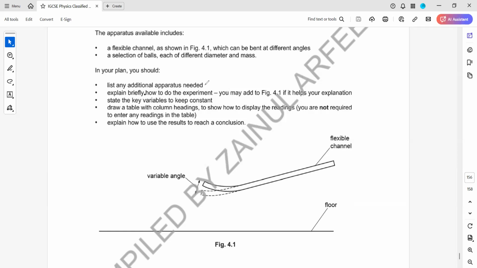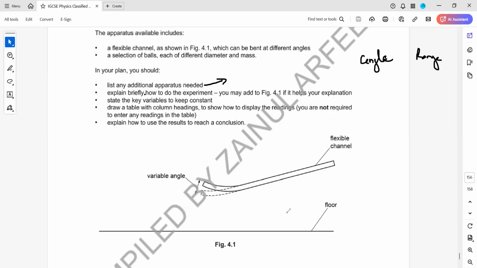What additional apparatus do we need? Because I want to determine the range, I want to determine the distance. To determine the distance, I need a meter rule. That is one thing. Also I need a protractor. Why? Because the main experiment is the relation between the angle and the range. So how can the angle be determined?